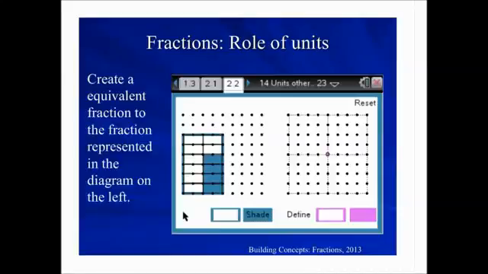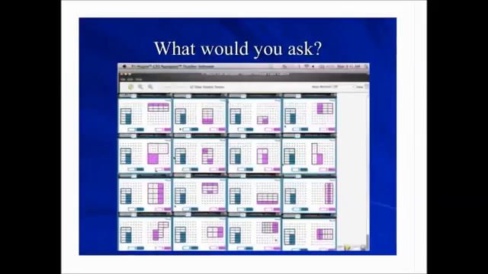So it's possible to give the kids a task like this, or like a couple of the other ones that we've looked at, and using Navigator, get something like this as the response from the kids to that question.